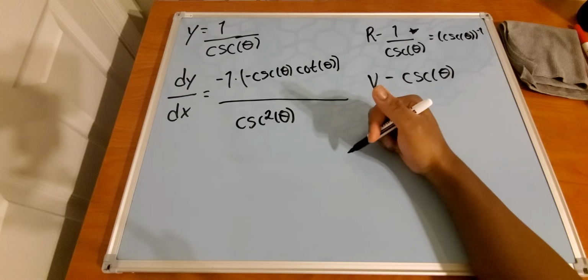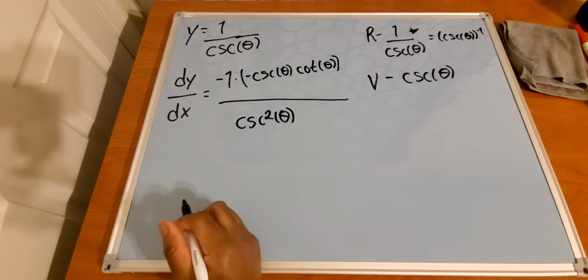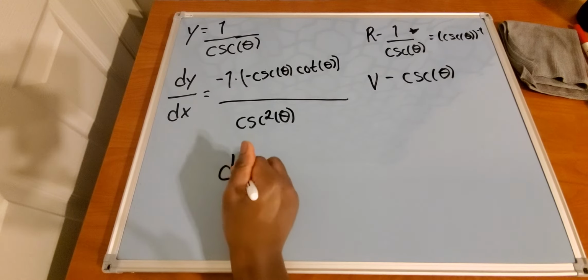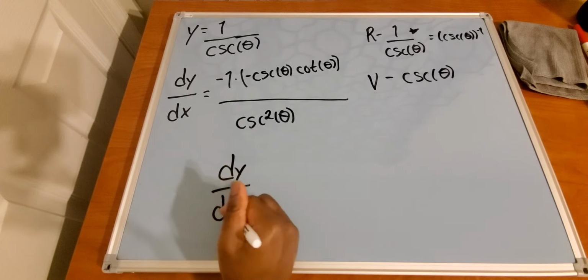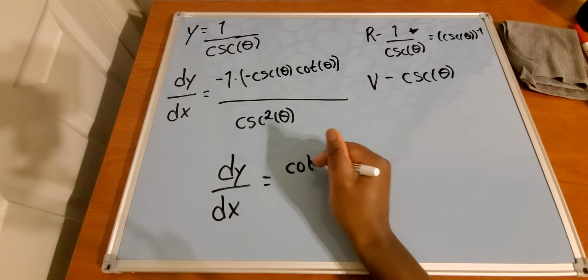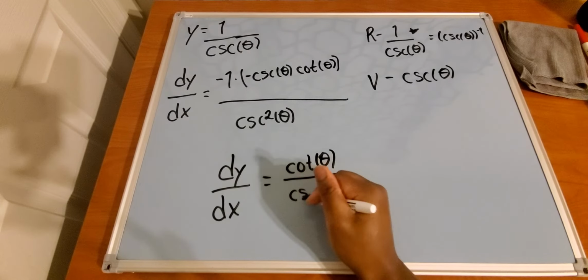We can eliminate one of the cosecant thetas from this, and we can distribute out the -1 with the -1 because there's one here and one here. So we can say that our final answer, our first derivative of y with respect to x, is equal to cotangent theta over cosecant theta.